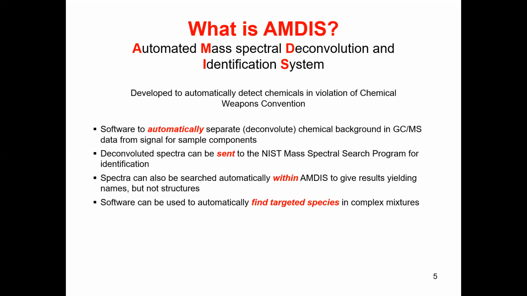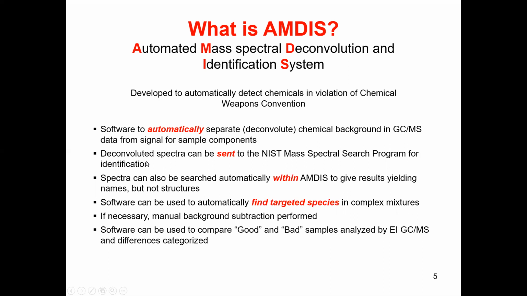If you make up a small library or list of things that you want, it'll go into a complex mixture and show you if they're there or not. If necessary, you can do manual background subtraction, just like you would with a regular program, though its forte is really just doing deconvolution. But if need be, you can do it yourself and see how it compares. And you can compare good and bad samples, which can be very handy for complex mixtures to find components that were in the bad sample that weren't in the good, or vice versa.